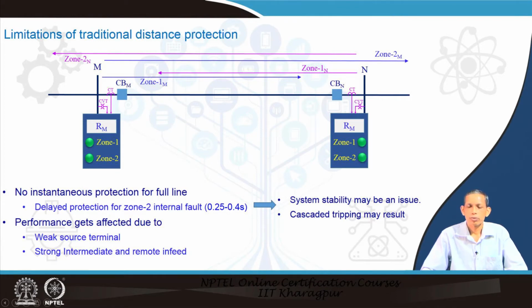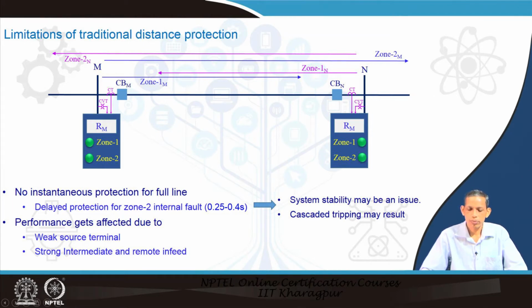If the fault persists for 15 cycles with zone 2, that may not be acceptable for a high voltage line from the system stability point of view. So, that leads to a scope to improve the protection in terms of speed, and that is what we will see.